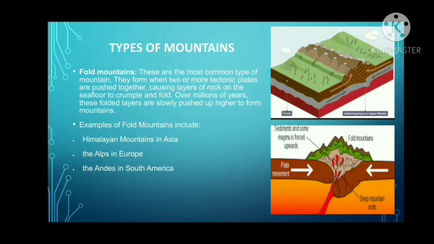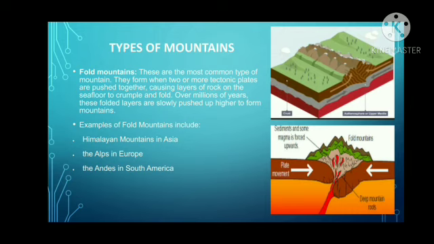Next, we have the fold mountains. These are the most common type of mountain. They form when two or more tectonic plates are pushed together, causing layers of rocks on the seafloor to crumple and fold.